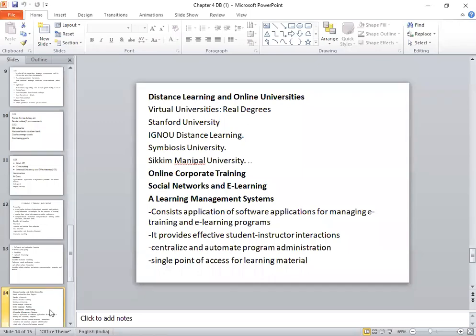Social networking and e-learning. Today, with the penetration of social networking, many of them are connected to the social networking websites, Facebook, isn't it? The penetration is increasing.